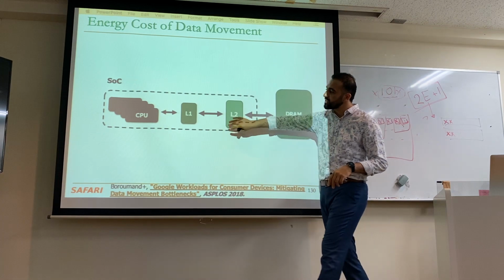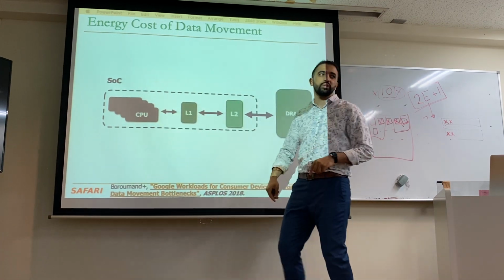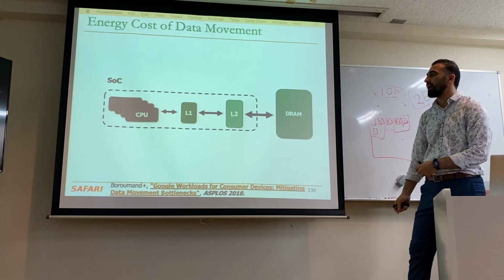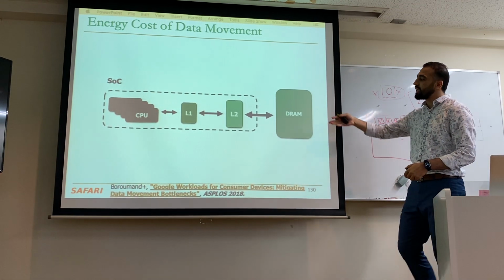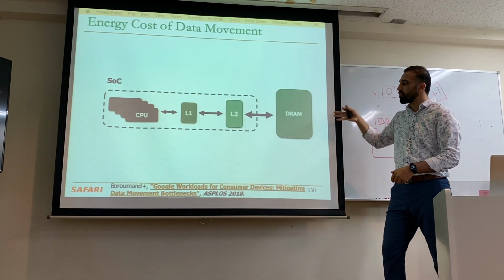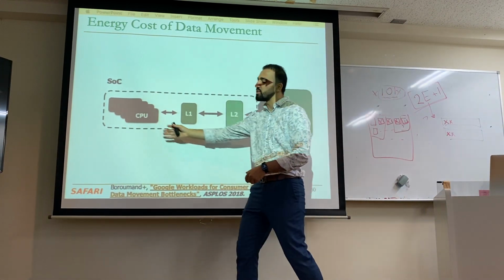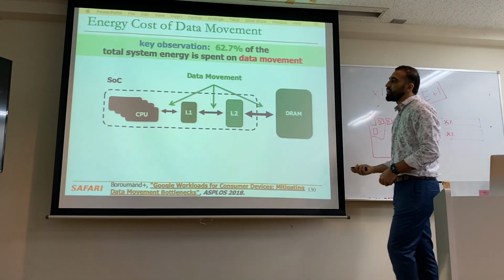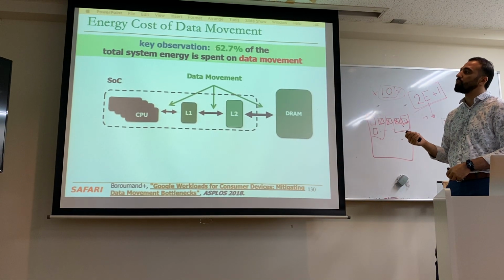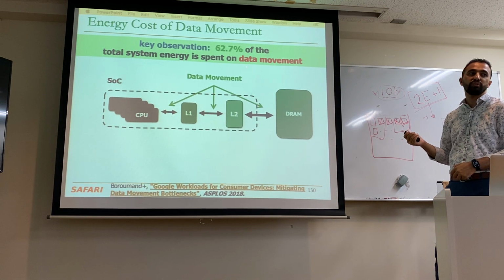So we have many caches here, and this is the CPU core, which can be an FPGA or GPU. This is what you have inside your laptop. And then we are moving data from the main memory, and before it, we move data from the hard drive to the main memory, to the caches, to the CPU. And they observe this data movement costs 62.7% of the total energy.